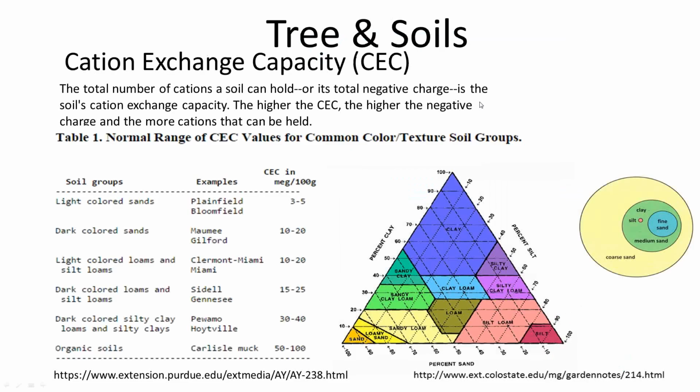Now let's think about the amount of soil nutrients that a particular soil can have. The amount of nutrients the soil can hold onto is explained as the cation exchange capacity. The total number of cations a soil can hold, or its total negative charge, is the soil's cation exchange capacity.